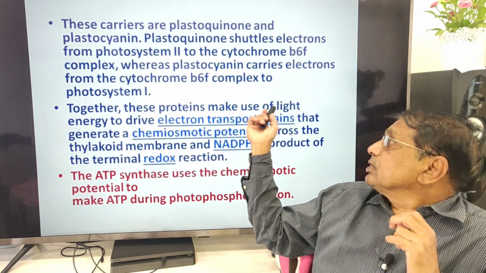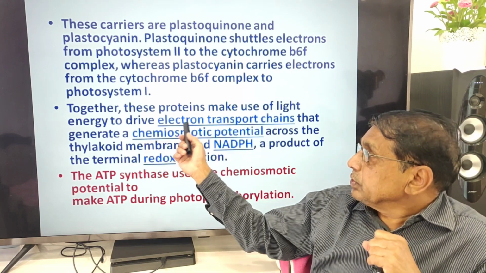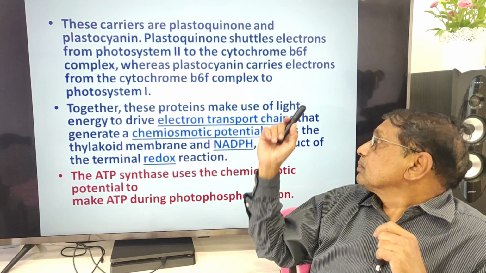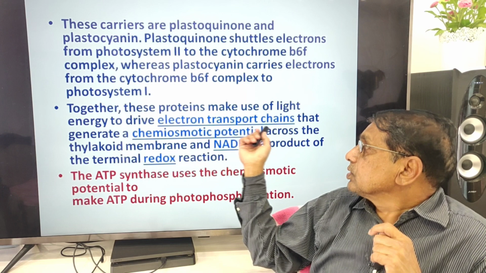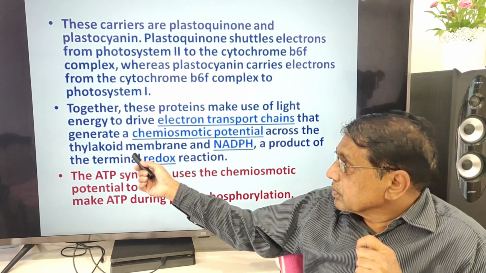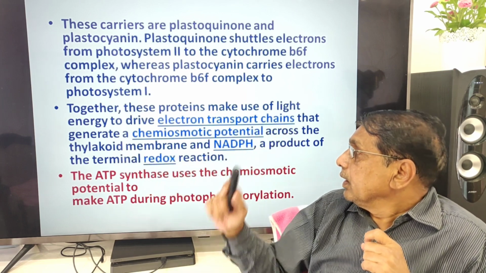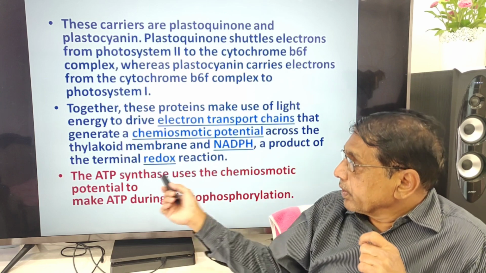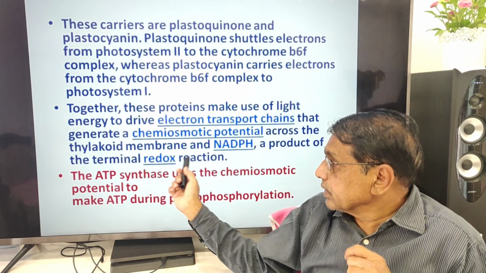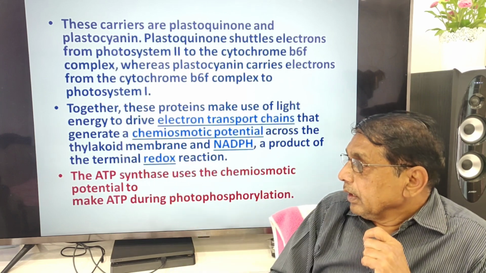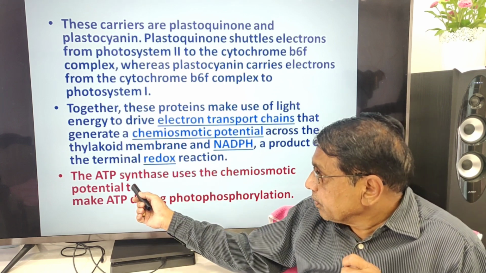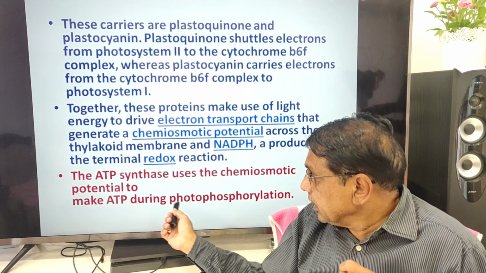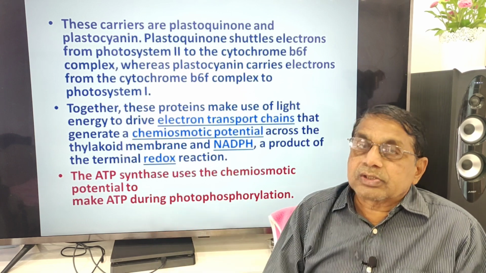Together these proteins make use of light energy to drive the electron transport chains that generate chemiosmotic potential across the thylakoid membrane and NADPH, the product of the terminal redox reaction. The ATP synthase uses the chemiosmotic potential to make ATP during photophosphorylation.